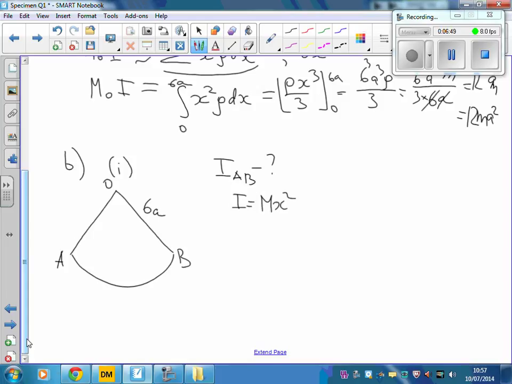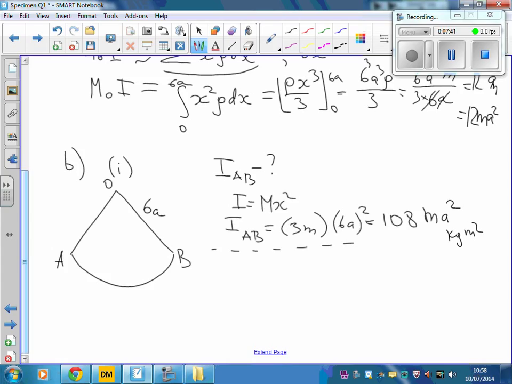As before, we used this formula for an elemental particle in part A. In this case, the moment of inertia of part AB will be the mass of part AB, which is 3m, multiplied by the radius squared, (6a) squared, which gives us 108 ma squared kilogram meter squared.